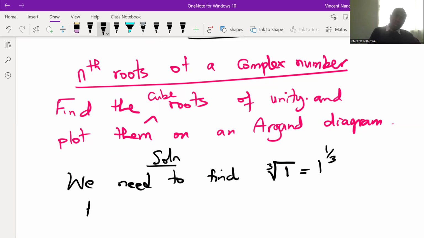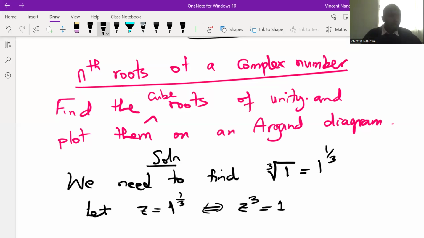So we let z be equal to 1 power 1 over 3, which is the same thing as saying z power 3 is the same as 1. It's like you're solving the equation z power 3 equals 1.